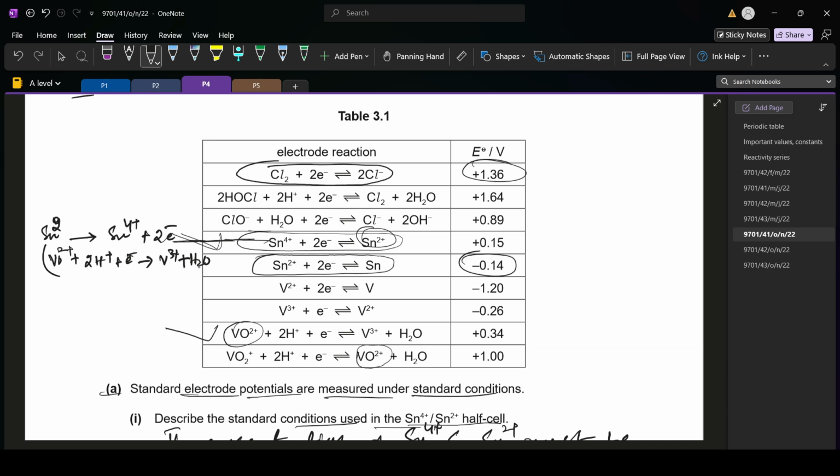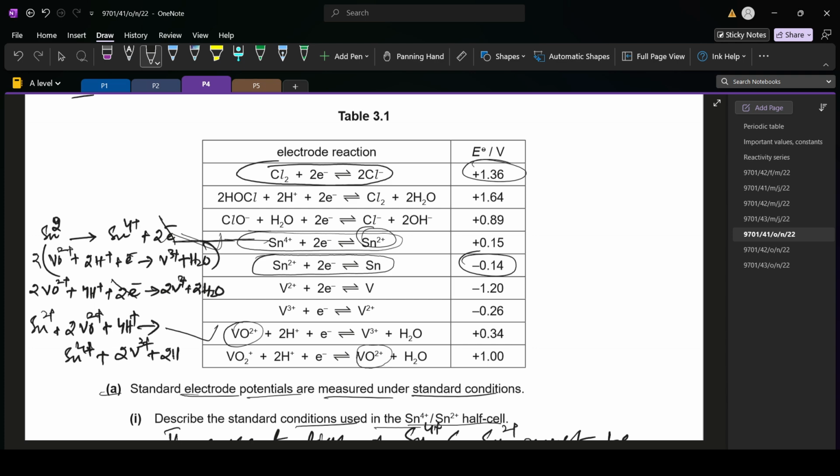You have to balance the electrons, so multiply this equation by 2, so you will have 2 moles of VO2+ plus 4H+ plus 2 electrons. Now cancel out the electrons from both sides, so the final equation will be Sn2+ plus 2VO2+ plus 4H+ becomes Sn4+ plus 2V3+ plus water.